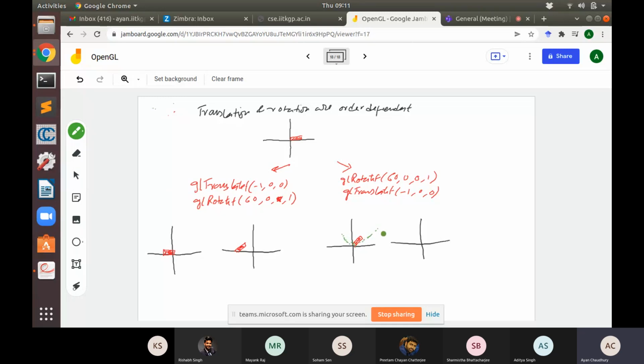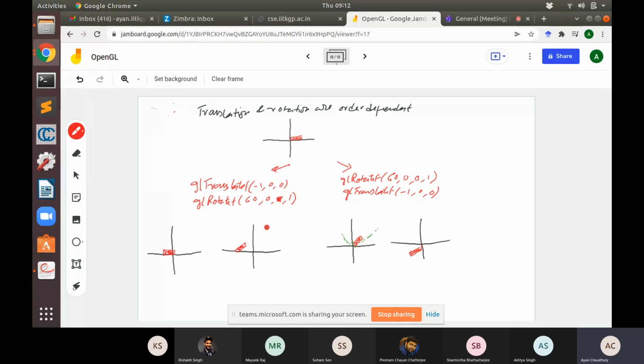Then what happens if you again try to translate this, translate around the x-axis? So what is the x-axis now? This is the x-axis now, because this is already rotated. So it will be translated from here along the negative x-axis, so it will come from here to here.